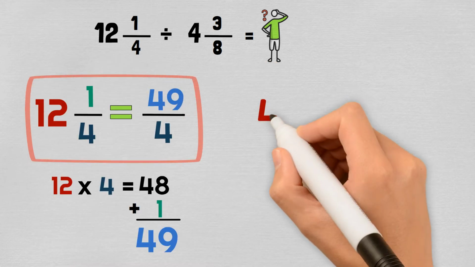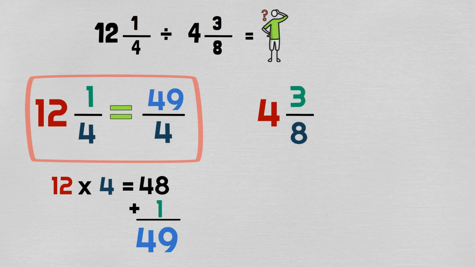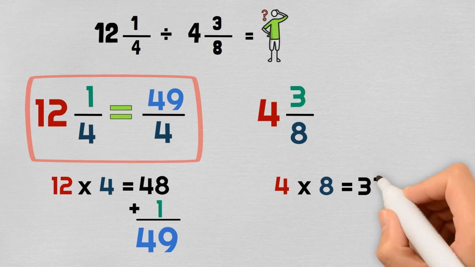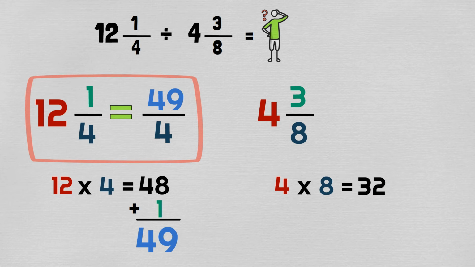We also need to convert the second mixed number 4 3/8 into an improper fraction. We take the whole number 4 and multiply it by the denominator 8. 4 times 8 equals 32. Next, we take 32 and add it to the numerator 3. 32 plus 3 equals 35.